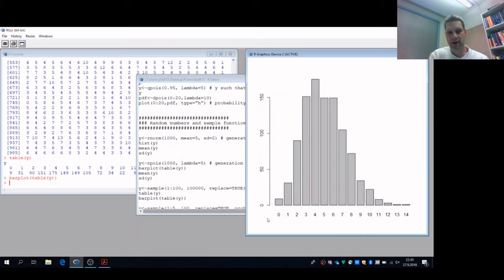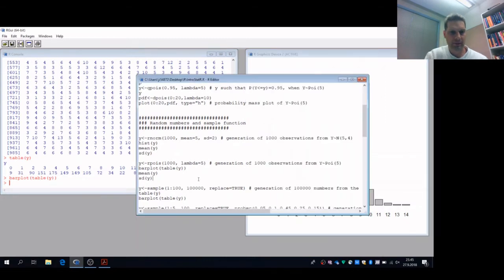On the x-axis are the possible outcomes, and the height of the bar is always the relative frequency, or the size of this frequency given in this second line. And so that's generation of random variables from Poisson and normal distributions.